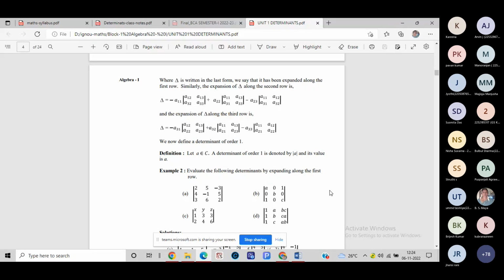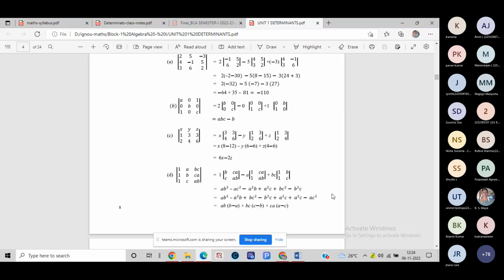AB square minus plus B square C minus B square C. It's not long. A square minus C square A. After that, if possible, you can make a simplification. Otherwise, you can keep it. Don't worry. Minus A square C answer will come.